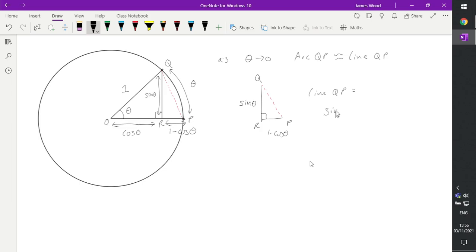It's going to be sine theta squared plus 1 minus cos theta squared, and then square rooted. Okay. Now let's see if we can use this statement here to come up with our small angle approximation. So we're saying that as theta becomes really small, the arc Q to P, which is theta, becomes the same as the line Q to P, which we've described as this.